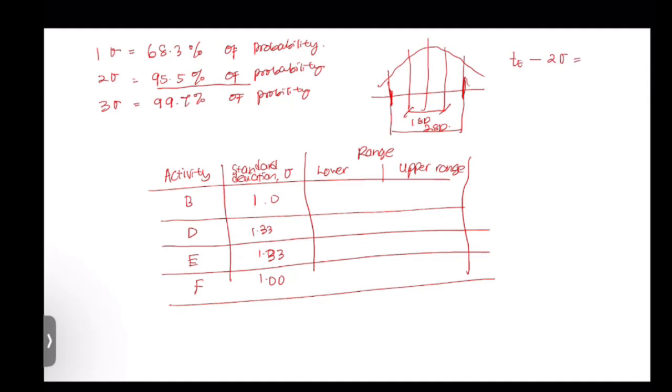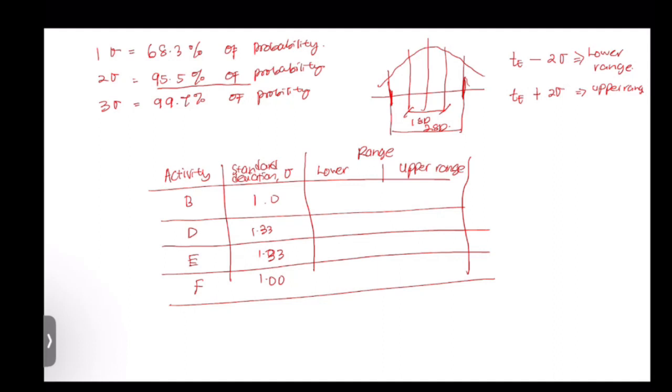So this one you get lower range. For upper range, total expected time plus 2 standard deviation. So this one you get upper range. Okay, example.